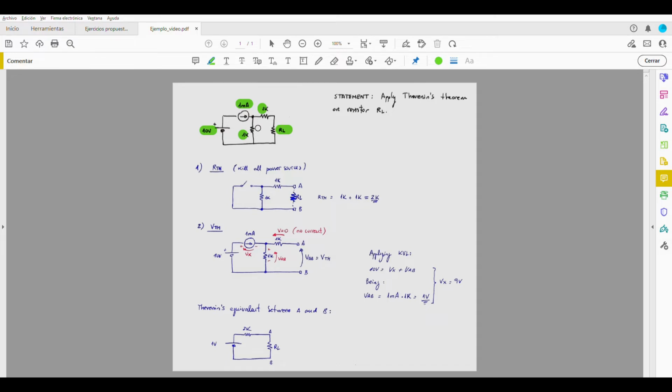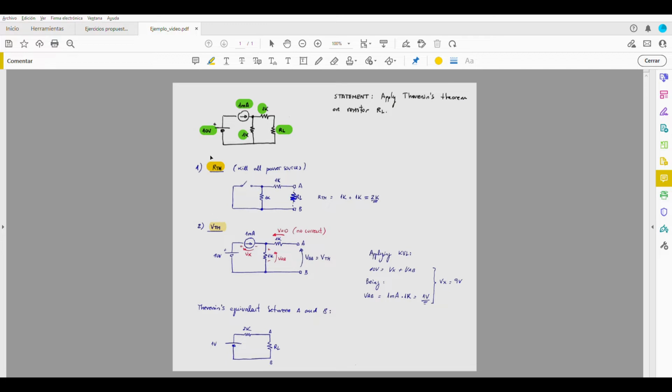Okay, now we have to do two things. One is calculate the Thevenin's resistance of your equivalent circuit, and the Thevenin's voltage of your circuit. We can do it in different options. We can start by resistance and then later calculate the voltage, or the other way around.